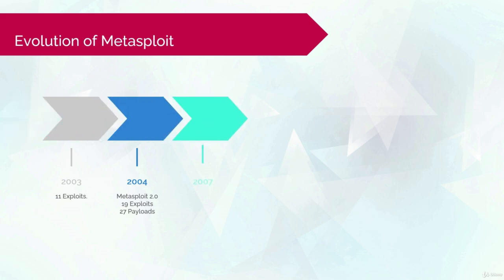Then following a complete rewrite in the Ruby programming language, the Metasploit team released Metasploit 3.0 in 2007. 150,000 lines of code added to the project in an 18-month period after migrating from Perl. With the 3.0 release, Metasploit saw widespread adoption in the security community and also a big increase in user contributions.